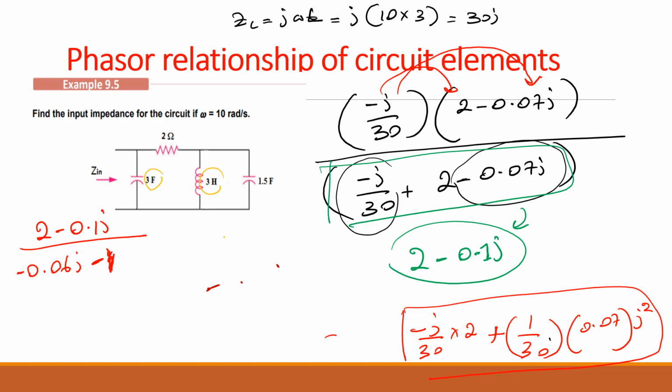So 0.07 divided by 30, which is 0.002. So this is what I got. 2 minus 0.1j divided by negative 0.002 minus 0.06j.